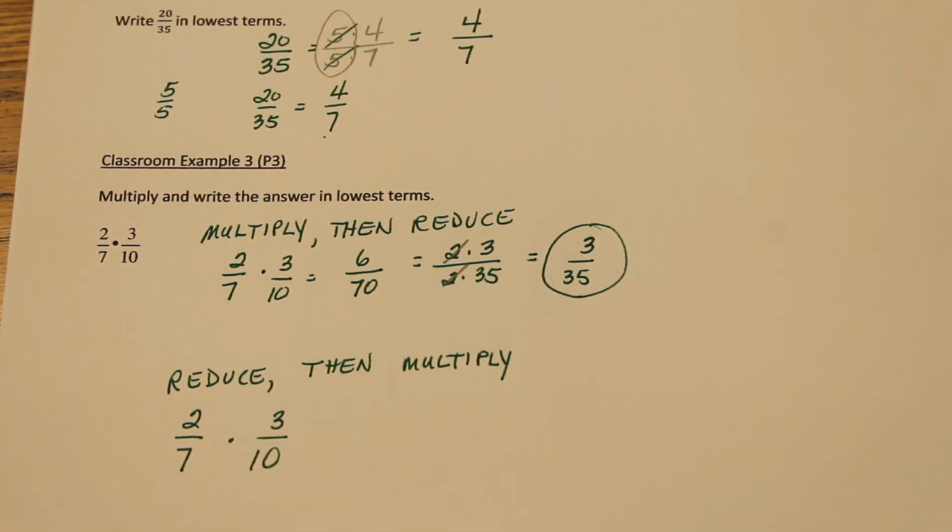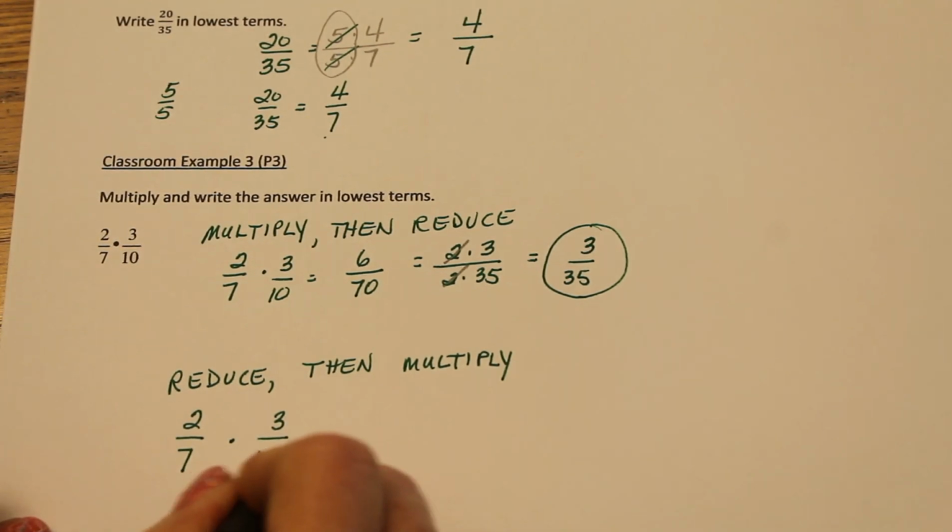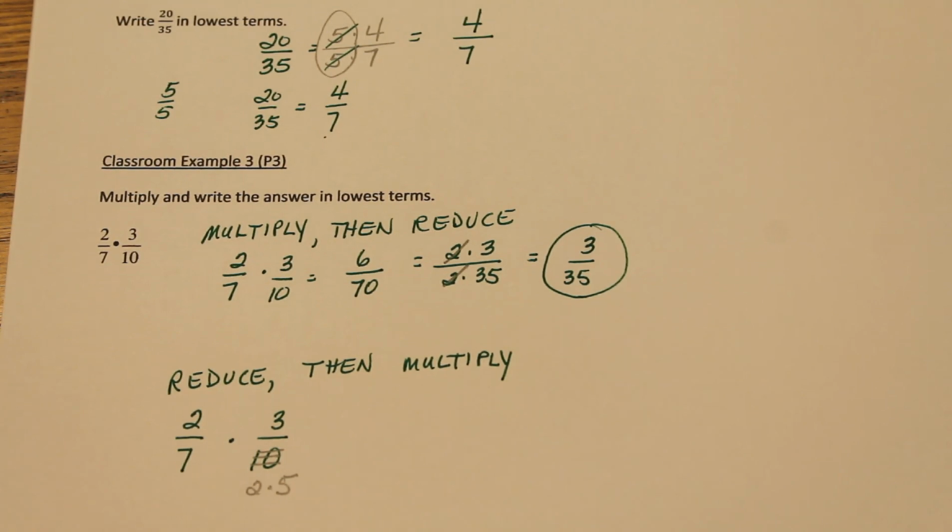All right, so if we look at 2 over 7 times 3 over 10, I'm going to rewrite this 10, replace it with 2 times 5, right? Because that's what 10 is equal to, 2 times 5. And now I have the same number in the numerator and in the denominator.